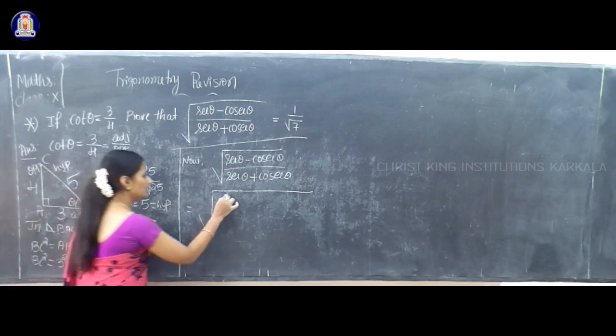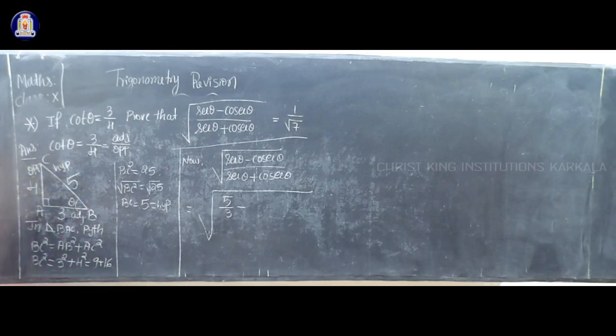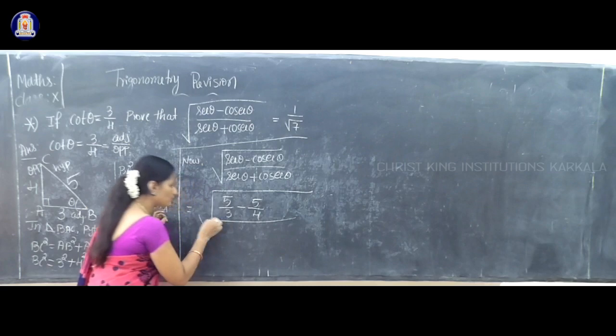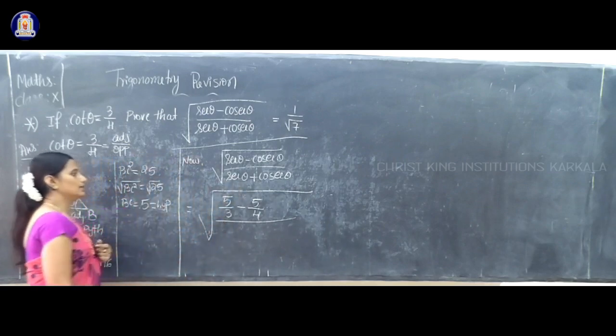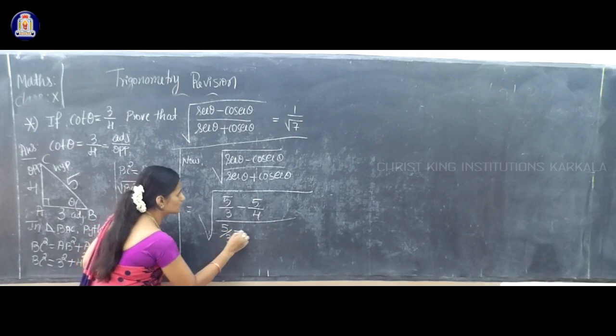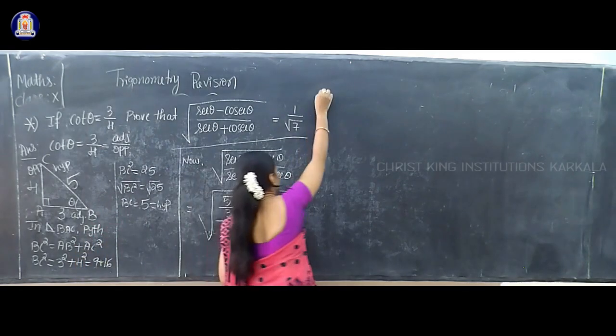It is 5 divided by 3 minus cosecant theta. Cosecant theta is what? Hypotenuse side divided by opposite side. So 5 divided by 4, whole divided by secant theta, again it is 5 divided by 3 plus cosecant, which is 5 divided by 4. Now simplification.